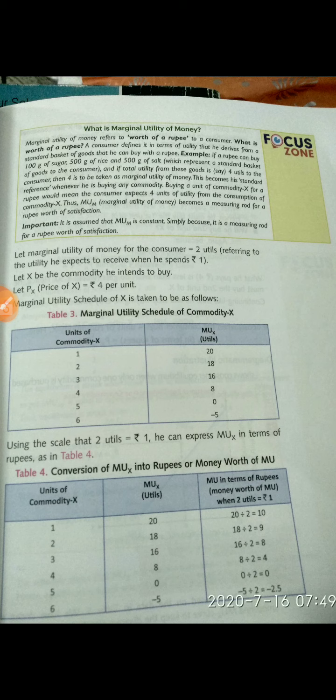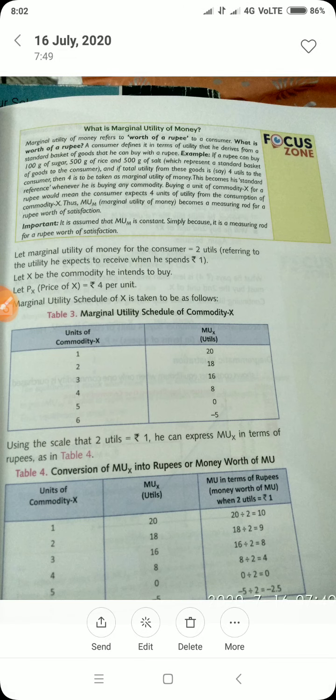And if the total utility from these goods is, say, 4 utils to the consumer, so the consumer is able to get the satisfaction equal to 4 units, then 4 is to be taken as the marginal utility of money. That means the standard units which he is able to get out of the consumption of goods. Clear? So this is the marginal utility of money.